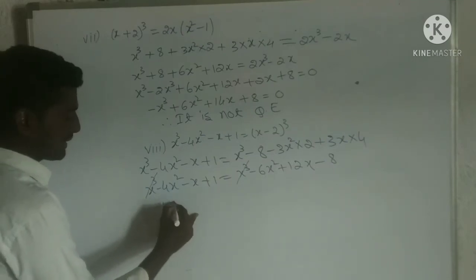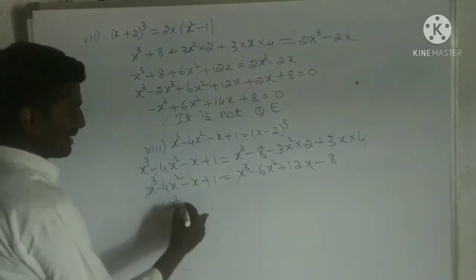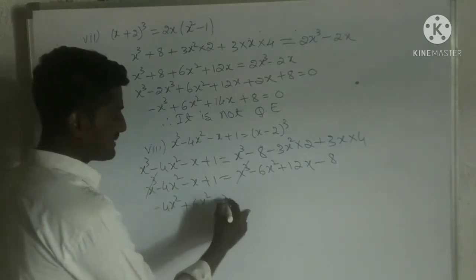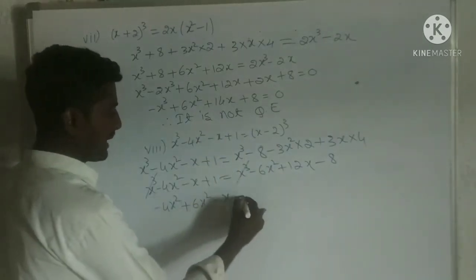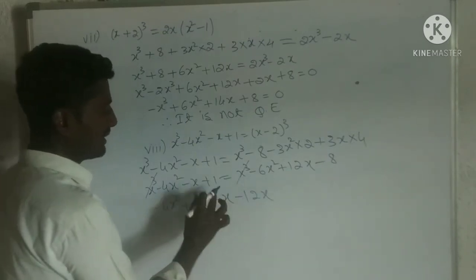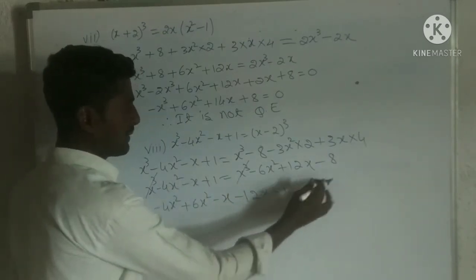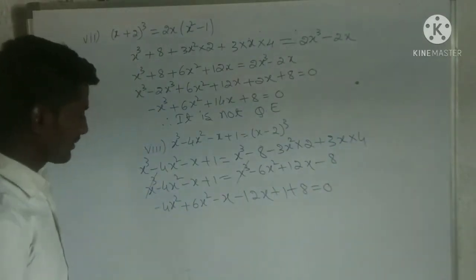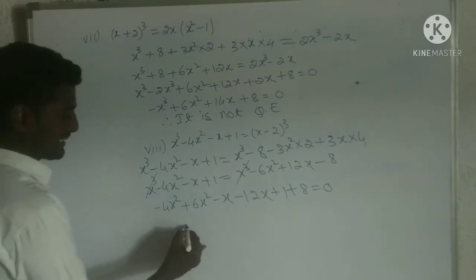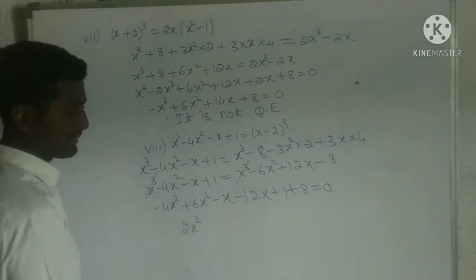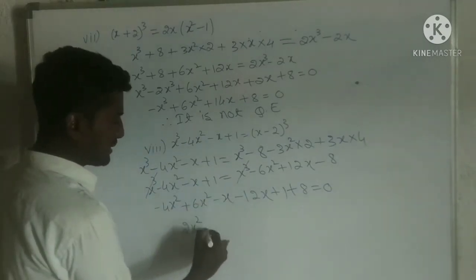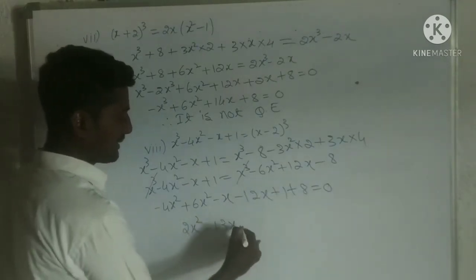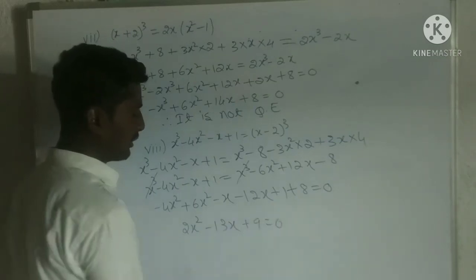Minus 4x square will become plus 6x square. Then minus x will become minus 12x. Then constant plus 1 will become plus 8, is equal to 0. Minus 4 plus 6, that is plus 2x square. Minus 1 minus 12, that is minus 13x. Plus 1 plus 8, that is plus 9, equal to 0.